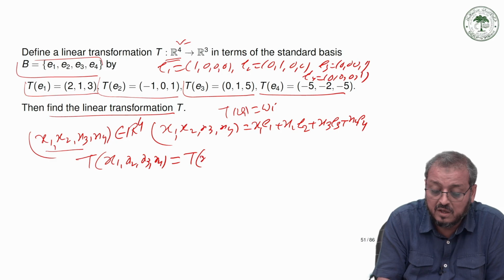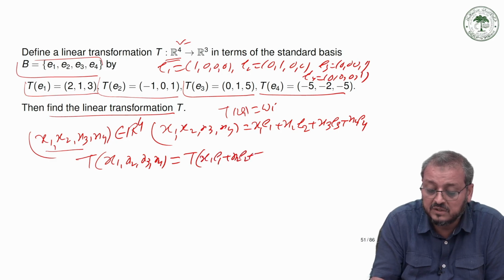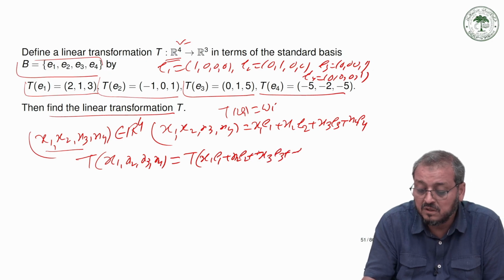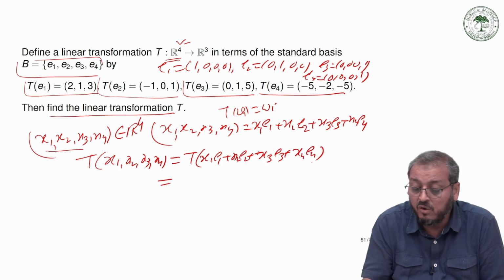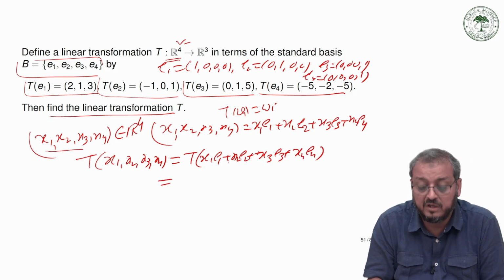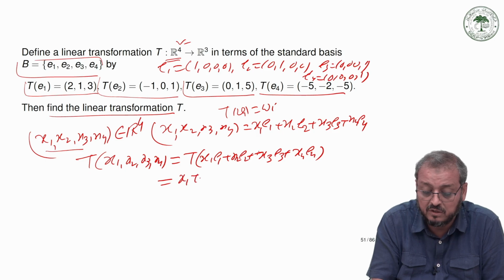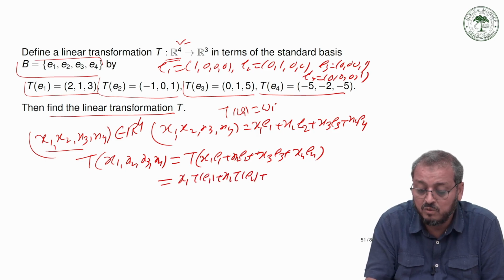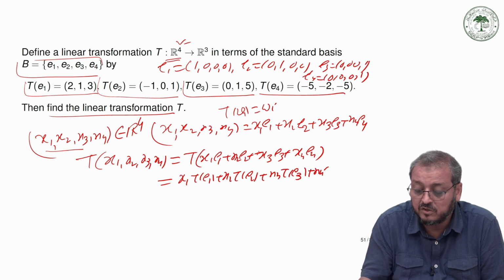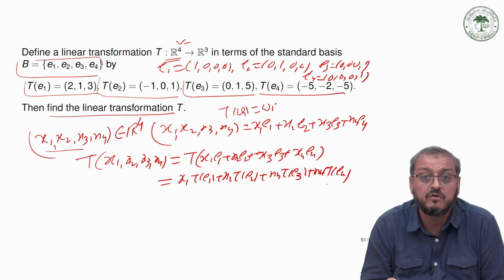T of x1 E1 plus x2 E2 plus x3 E3 plus x4 E4. By linearity of T, this is x1 T of E1, plus x2 T of E2, plus x3 T of E3, plus x4 T of E4.